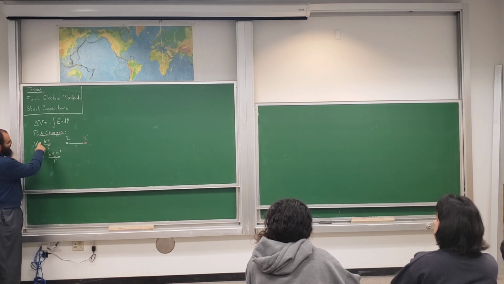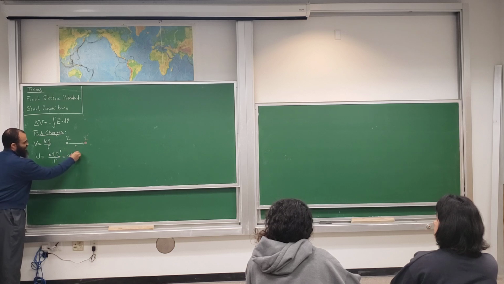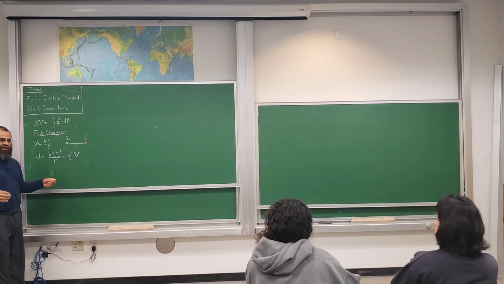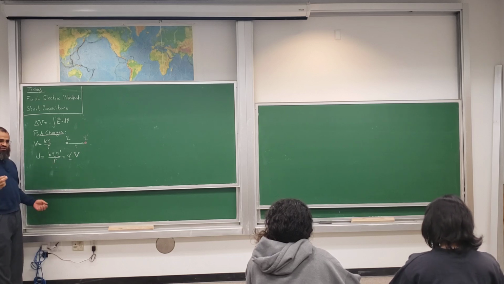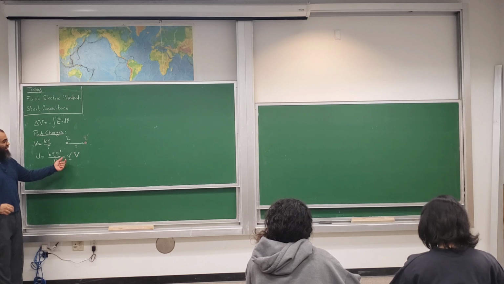KQ over r is V, so we get Q prime times V. So once you know the potential everywhere, the potential energy of a charge placed in that potential is the charge value times the potential at that point in space.